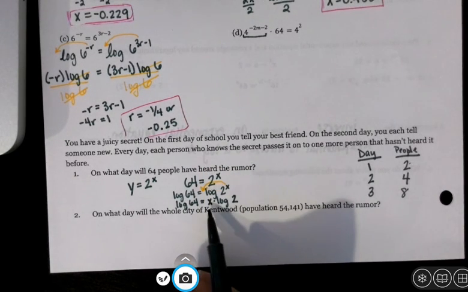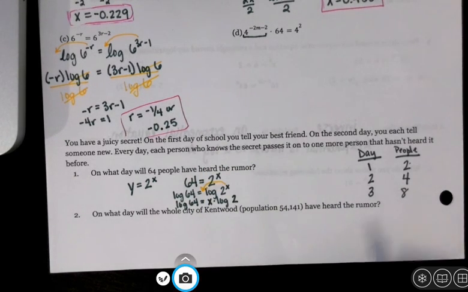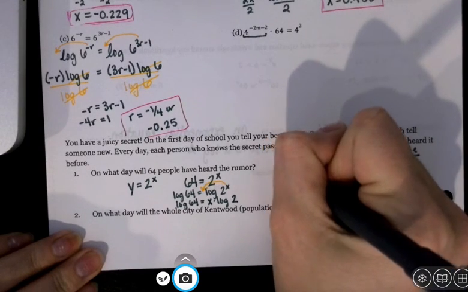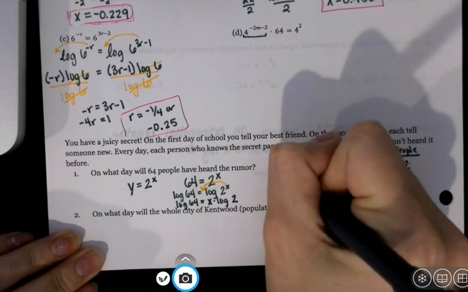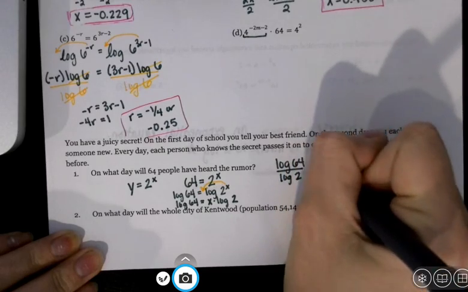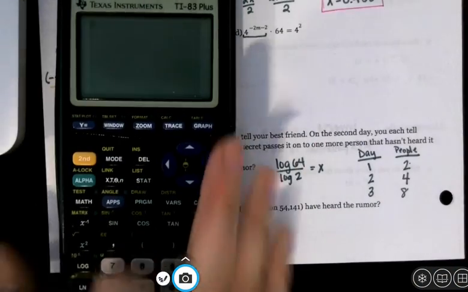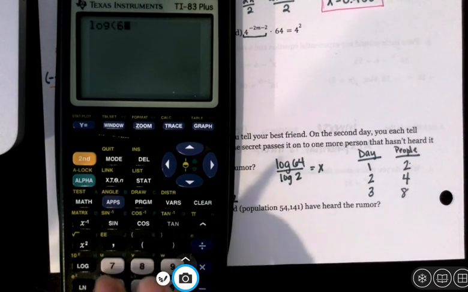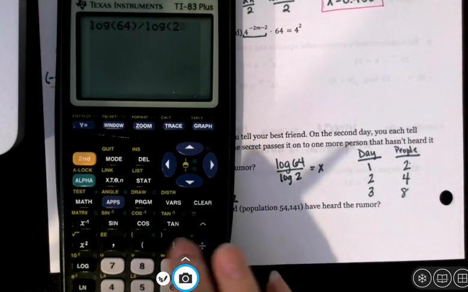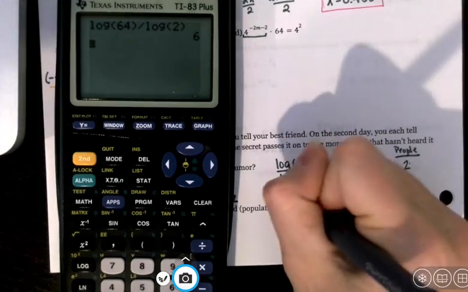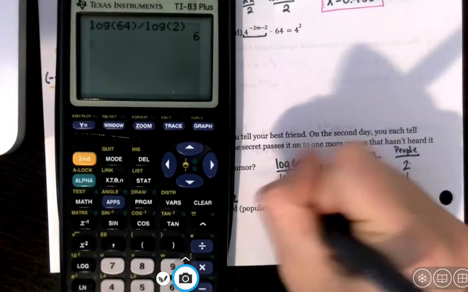And if I want to solve for x, I'm going to divide both sides by log of 2. So I have log of 64 divided by log of 2 equals x, and I can figure out what day that is. So in my calculator, log of 64 divided by log of 2, and I get day 6.